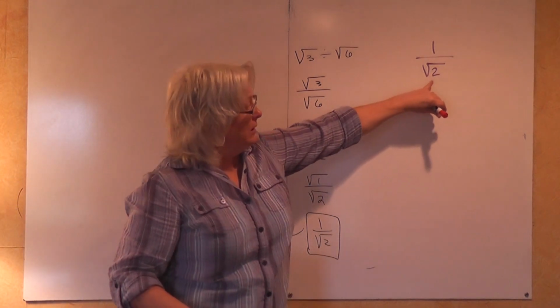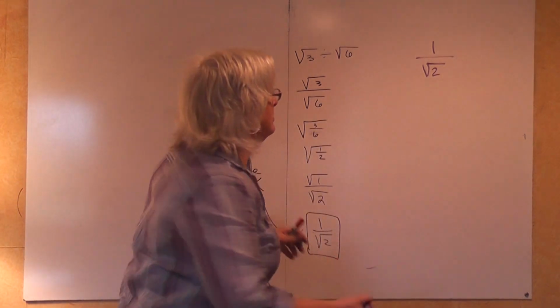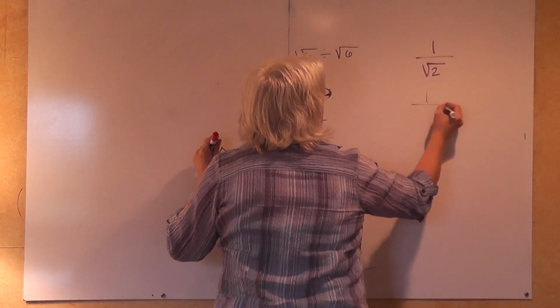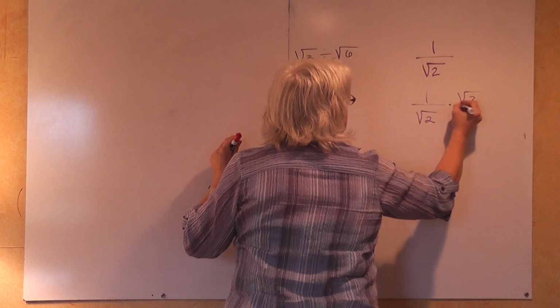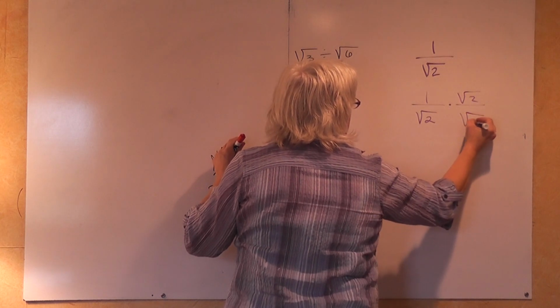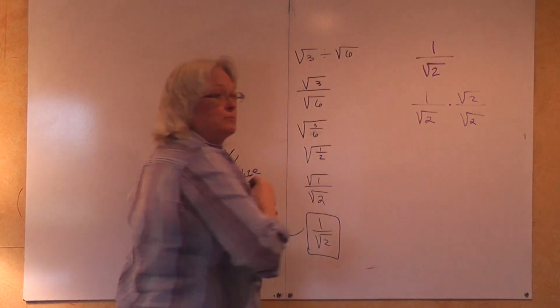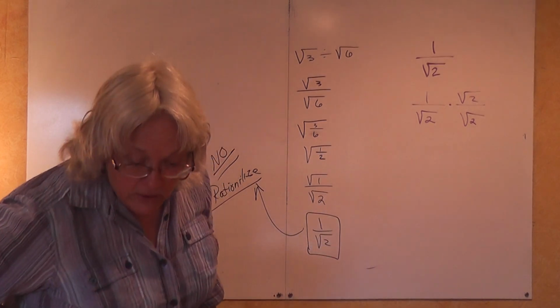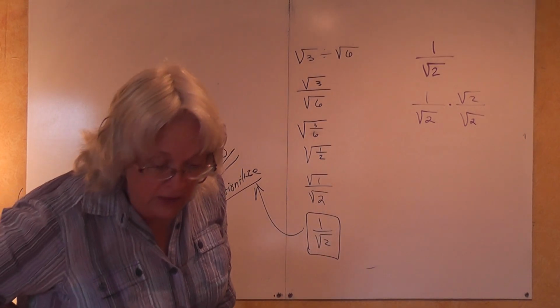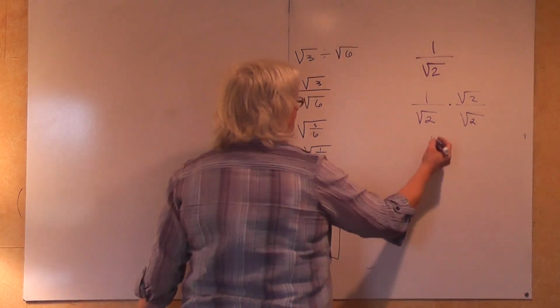We multiply by the same square root. Square root of 2 times the square root of 2. We're going to multiply the numerators and multiply those denominators together. So what do you end up with?